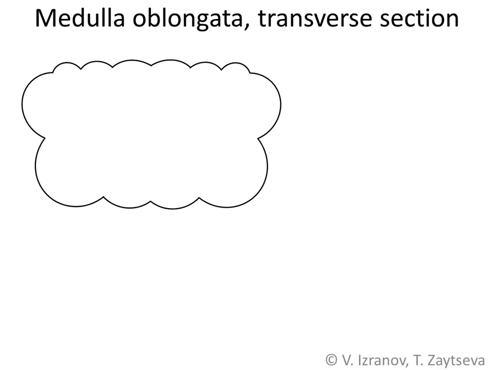Again, as in spinal cord, I'd like to remind you that in our schemes of transverse sections in different parts of the brain, here in the superior portion of the picture we see the dorsal part of the section, and here in inferior part of the picture we can see the ventral part.